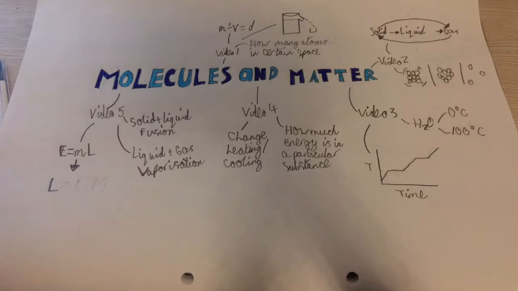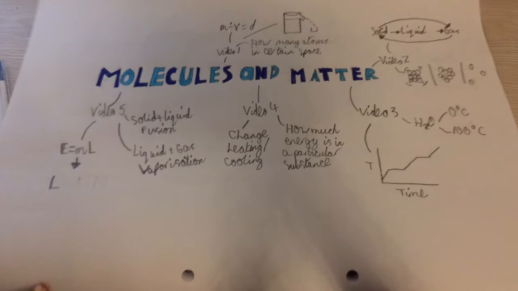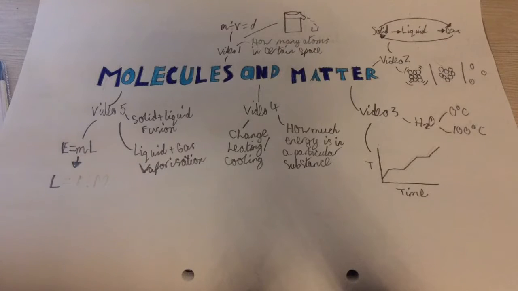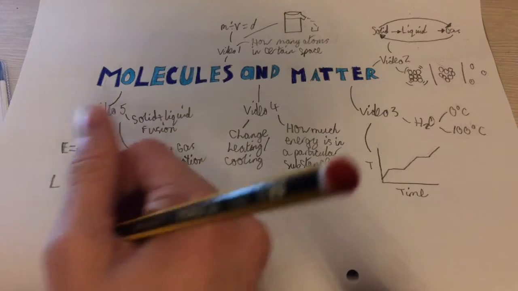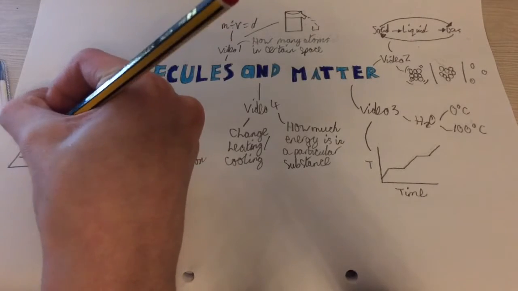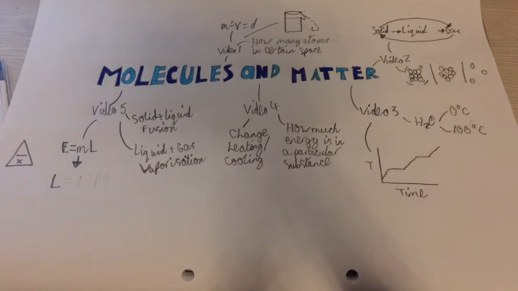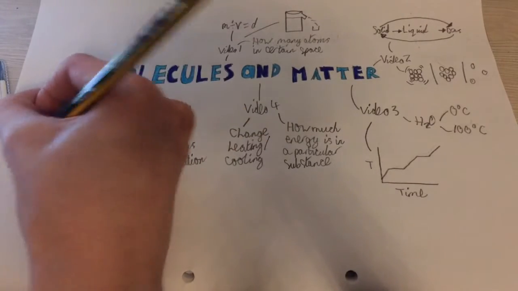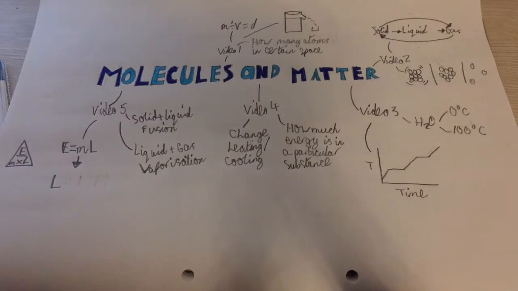So to work out the specific latent heat, we can rearrange the equation that we use to find the total energy of the transfer. Imagine it as a triangle, almost. You've got divides and times here. You have energy at the top, mass here, and the latent heat there.